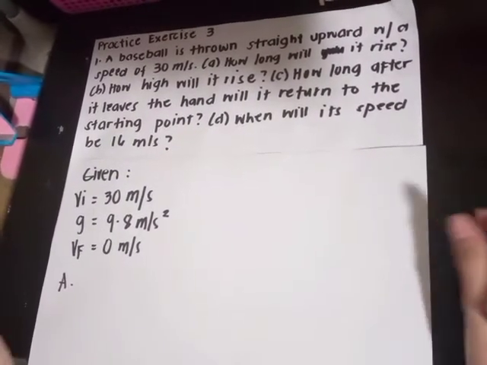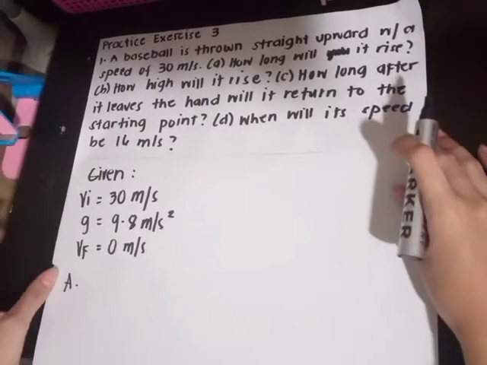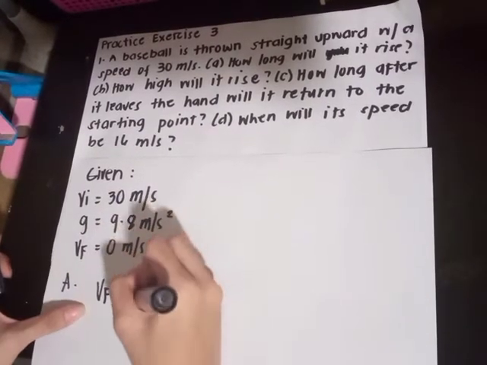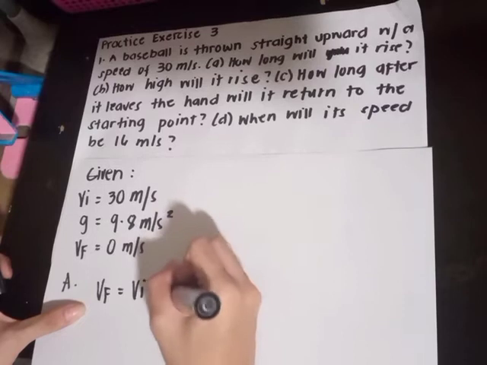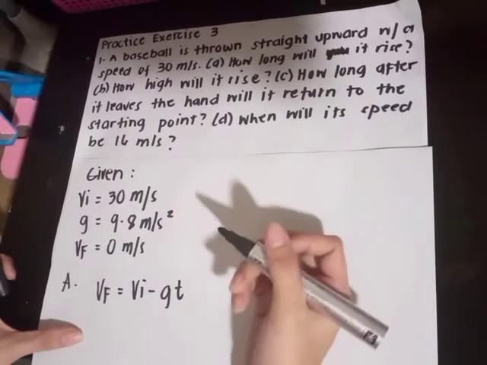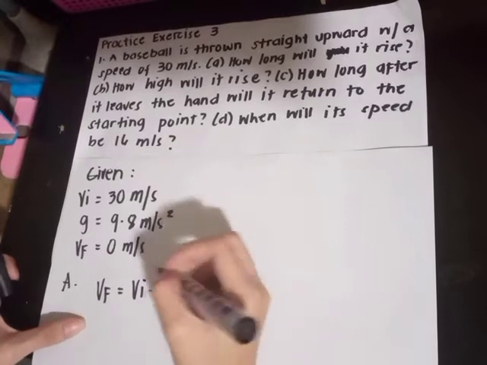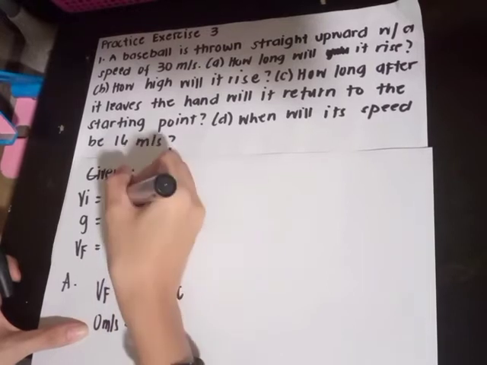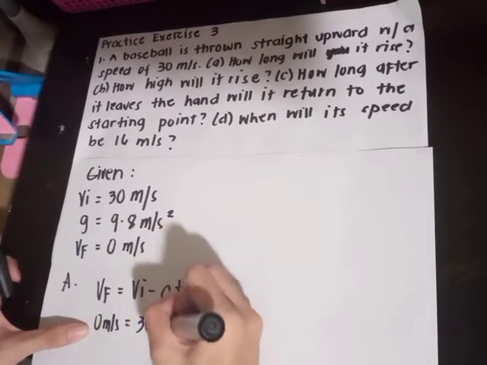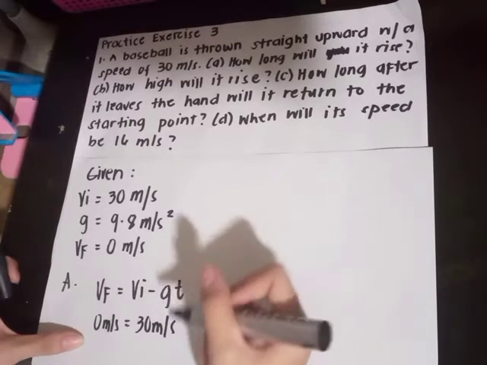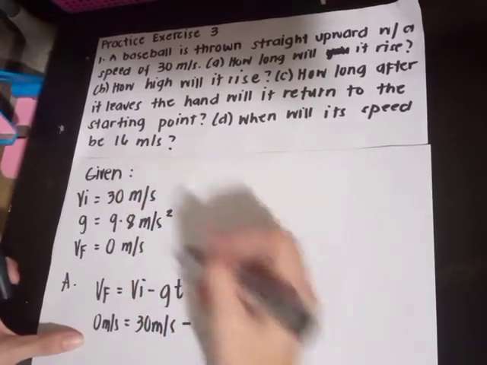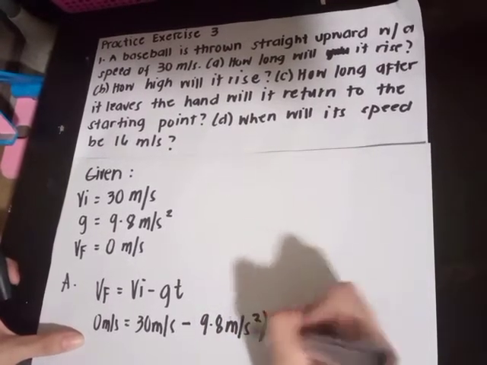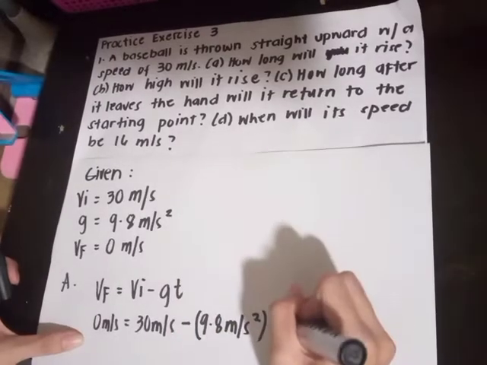So we have the formula. I will be using the formula of final speed is equals to initial speed minus the product of gravity and time. So just substitute what are the given. We have final speed of 0 meter per second, and then the initial velocity of 30 meter per second minus gravity of 9.8 meter per second squared, and the time.